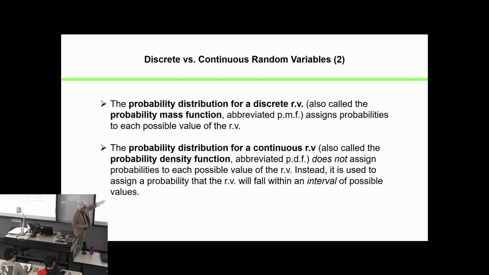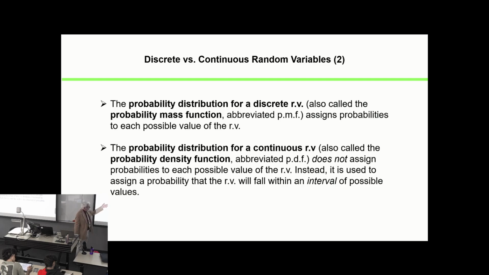So we bring up this idea now of something called the probability density function, not a probability mass function, but a probability density function for a continuous random variable. And here's the key thing: this function will not assign probabilities to each possible value of the random variable.